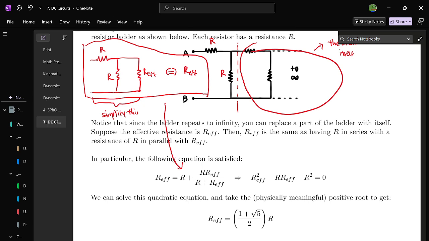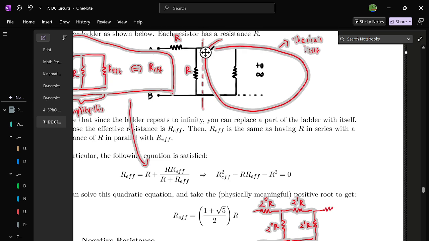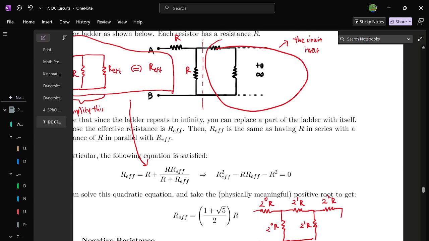There are many variations of this you can do. One common one that I've seen is this. So you can have an infinite ladder like that. So you have resistances in powers of 2, you just keep going on.